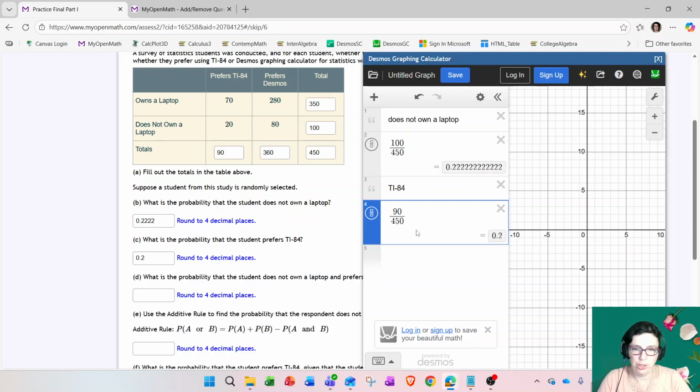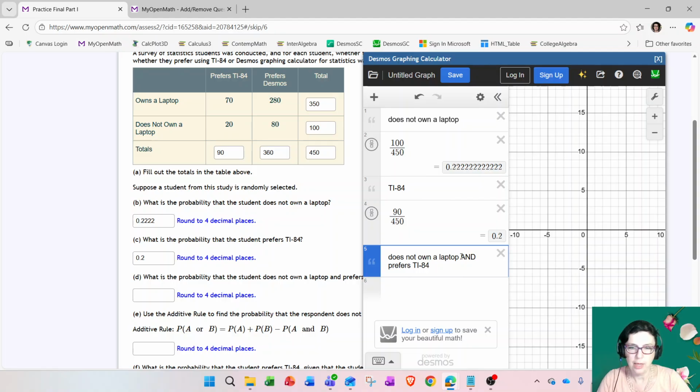Now, the next question is going to be kind of hard, I think, because every time people get to this, it's "does not own a laptop and prefers TI-84." So does not own a laptop and prefers TI-84. So this "and," a lot of times people are confused what that means.